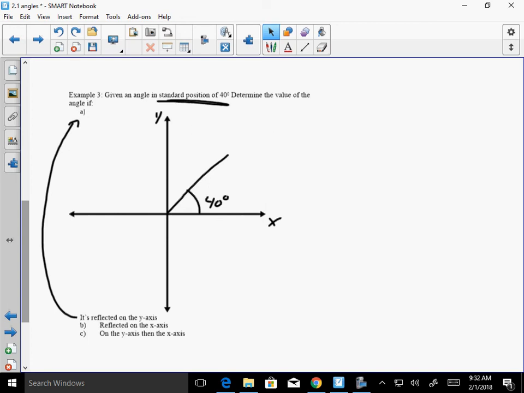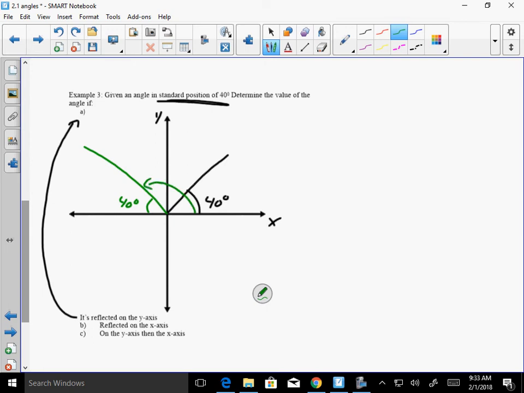Basically, you just take the axes and fold them together. So I'm going to have a line here like that, and this angle here would be the same as this one over here. So that's 40 degrees. My total measurement from the initial arm to the terminal arm would be 140.